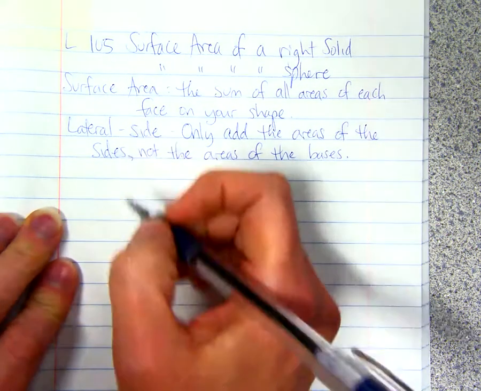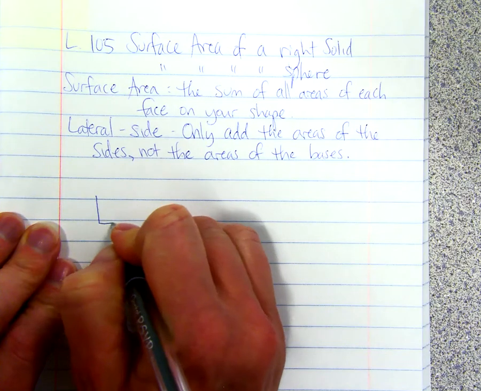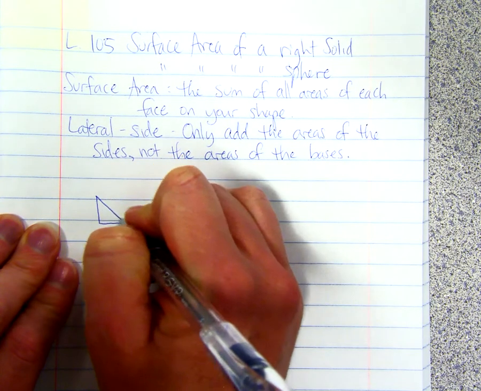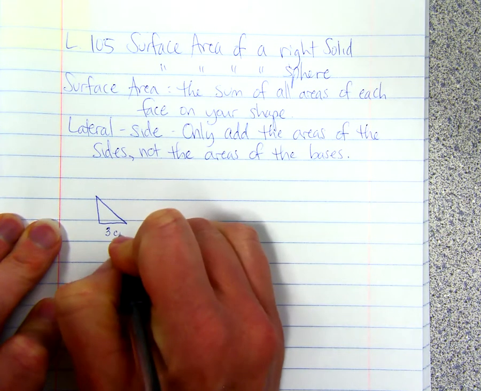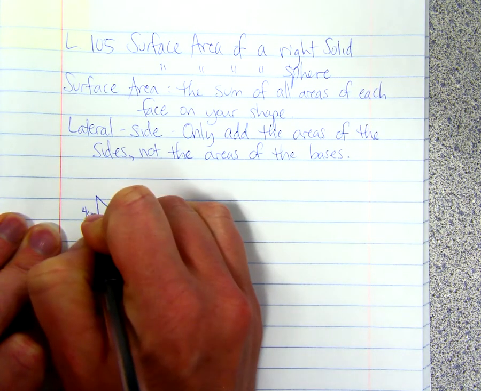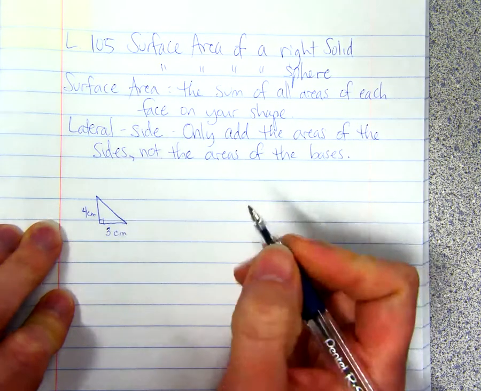So we're going to do some examples. If we have a right triangular prism, one side is 3 centimeters, the other side is 4 centimeters, and the hypotenuse is, well, I'll write it on the back.